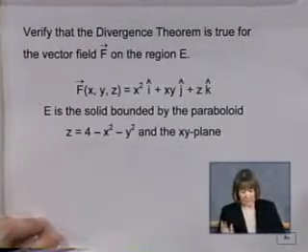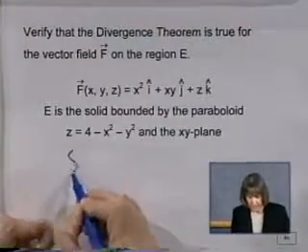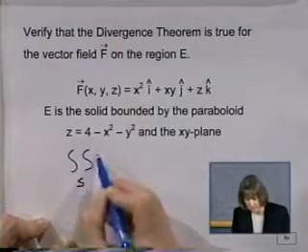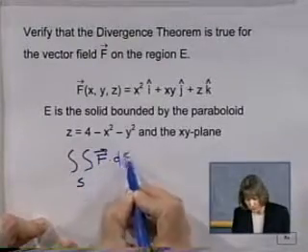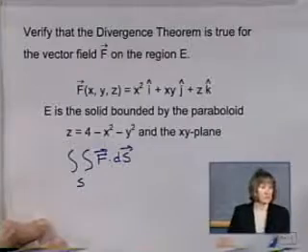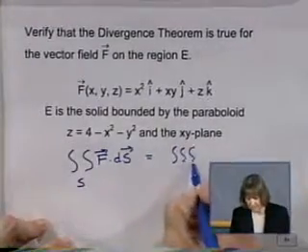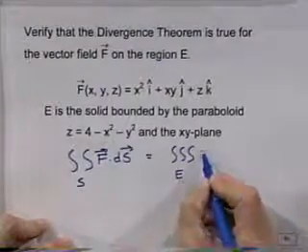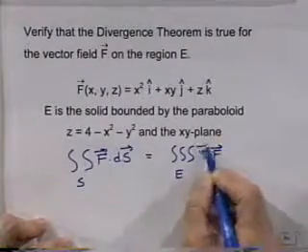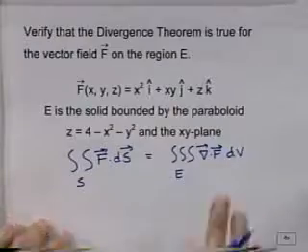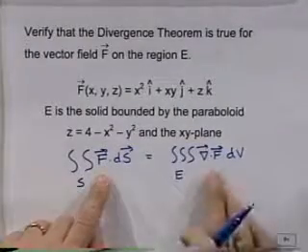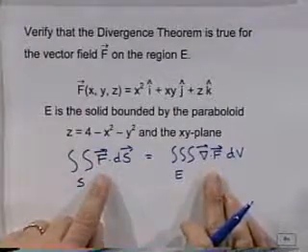So what they're asking us to do is first, or second, depending on what you want to do, figure out your flux, your integral of F dot dS, and then secondly, integrate over the solid, which I like to write as del dot F dV, and show that indeed this does equal that. That's how we're going to verify the divergence theorem.